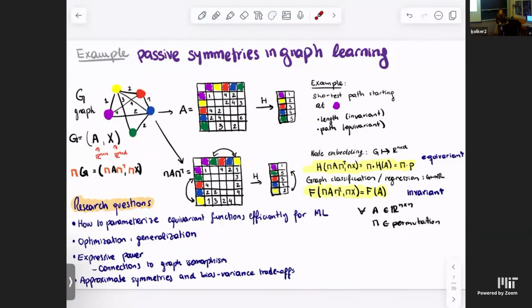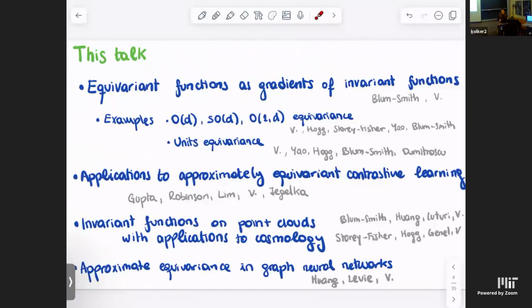Comments? So my idea for this talk is to give an overview of different ideas that show up in the landscape of machine learning with symmetries. In particular, I'm going to explain how we can use invariant theory to parameterize invariant functions and equivariant functions on point clouds, with symmetries with respect to the orthogonal group, rotations and Lorentz, also unitary.